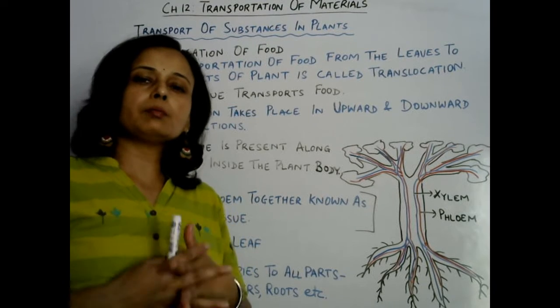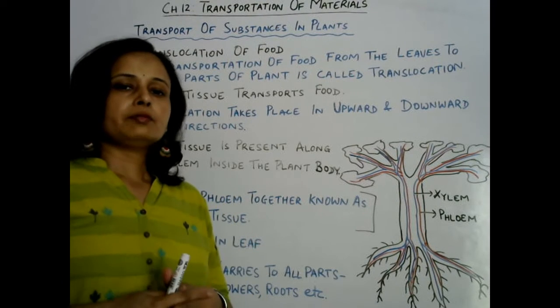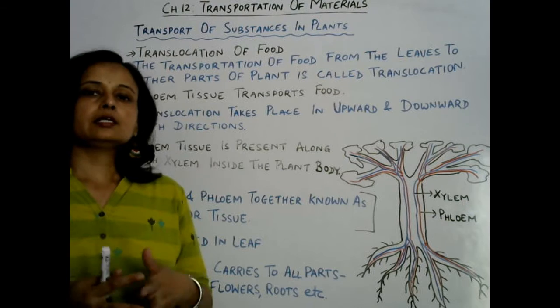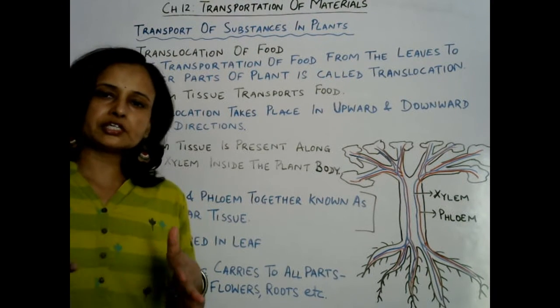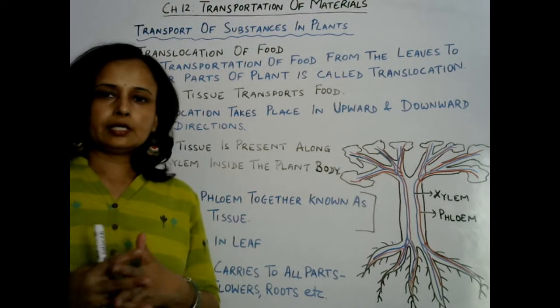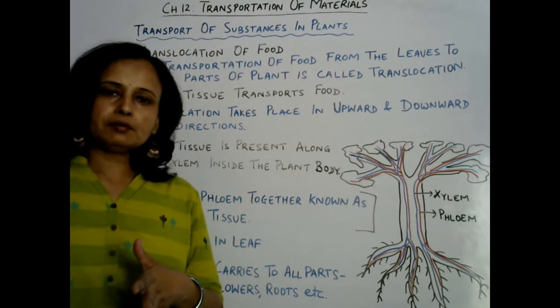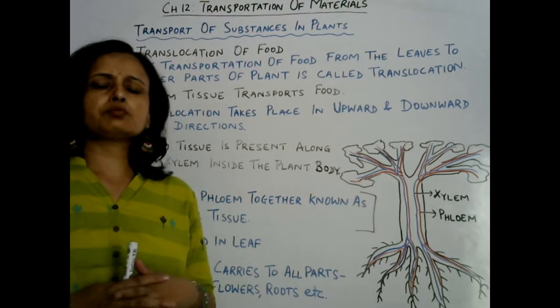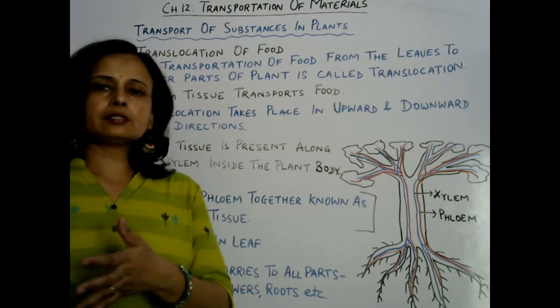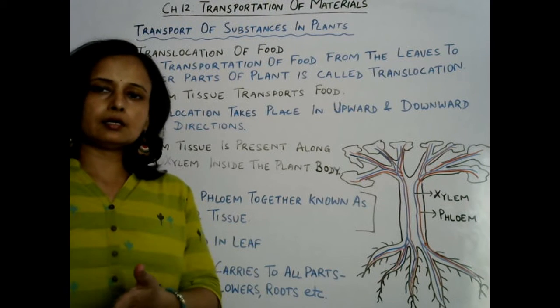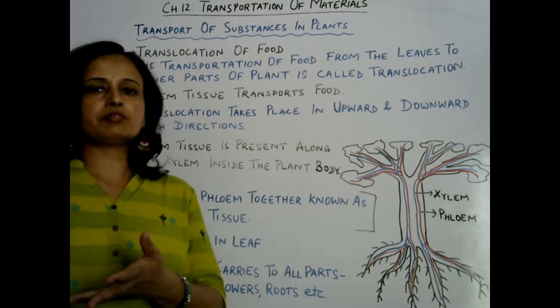But if we talk about the transportation of food, then that can be called translocation. Okay, so translocation is transportation of food which is prepared in leaf, so from leaves to other parts of the plants, whatever the parts, like stem, root, fruits, branches, or seeds, flowers, etc.